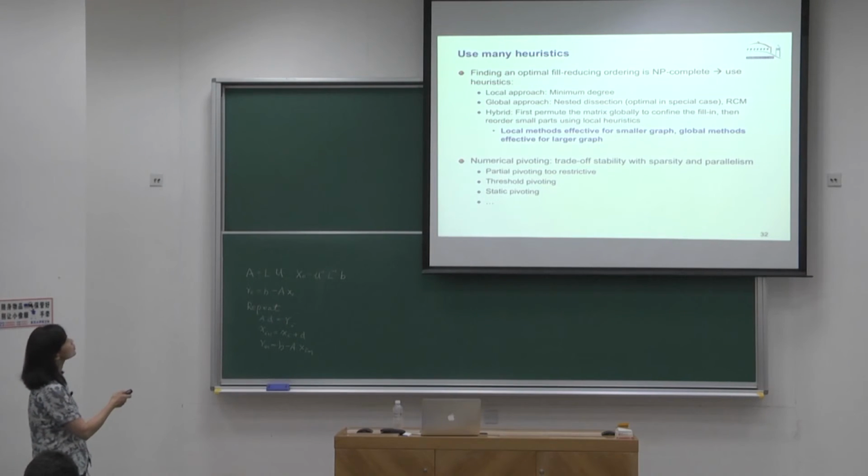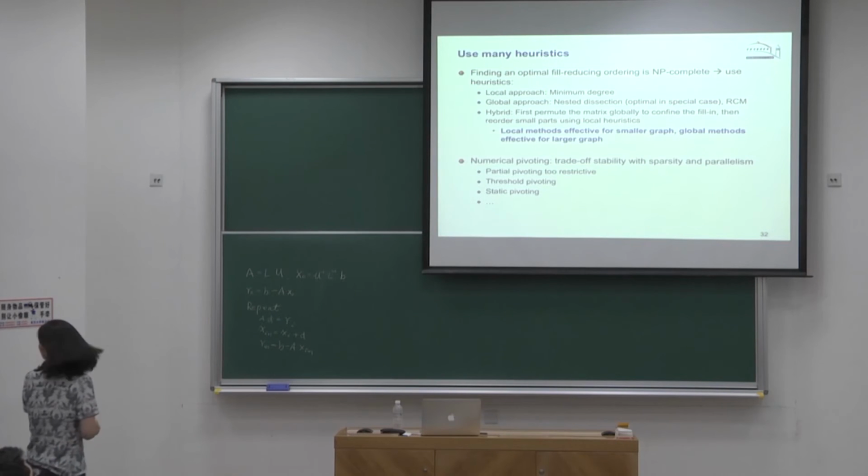So this global scheme, nested dissection, works very well for extremely large problems. So what people have used is the combination of the two. You use a global nested dissection, stop at a certain level. Once each piece becomes small enough, then you apply the local minimum degree ordering. That's a very natural thing to do.